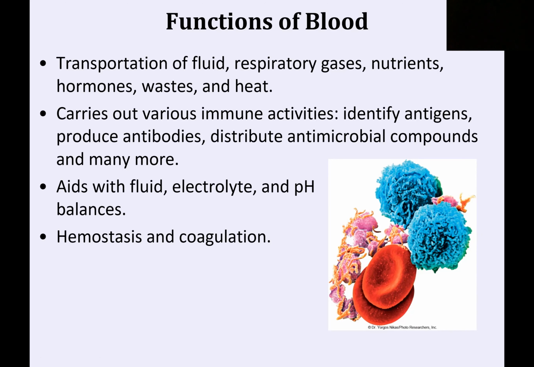Hemostasis is an overall process where we reduce blood loss. Coagulation is a part of that, but it can happen independently of the rest of hemostasis, which we'll also cover. So, functions of blood, and these are similar to the functions of the cardiovascular system.